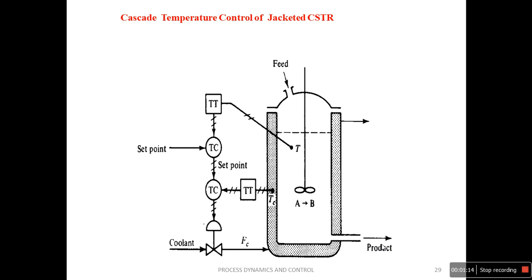So for better control, we are using cascade control, where it has two controllers. One is the primary controller, in this case the temperature controller. Another one is the secondary controller, in this case the flow controller. Actually it is not TC, it is FC, flow controller.